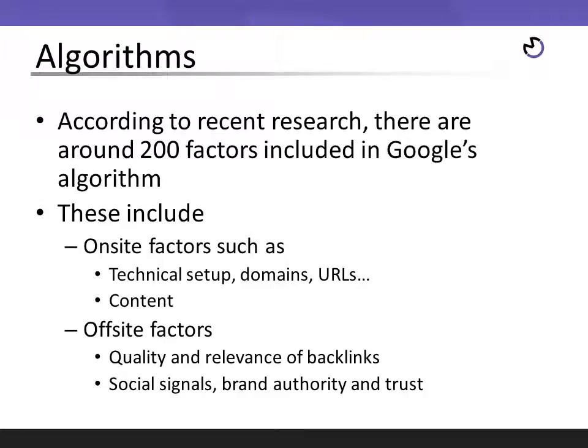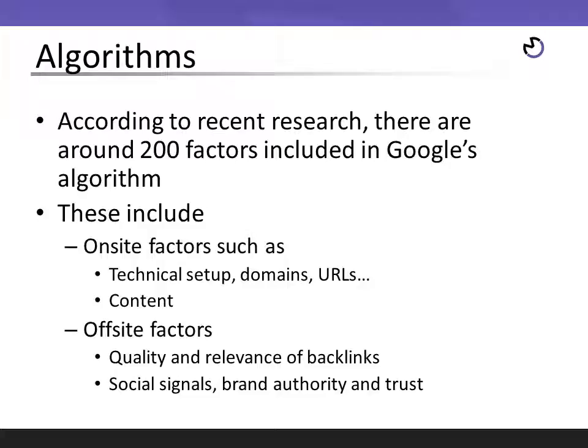The other side of it is the off-site factors, things that are not done on the site, but that will have an impact on how search engines see your website, rank it and index it. Off-site factors can be the quality and relevance of the backlinks to your site. That is, to put it simply, how many websites are linking back to you and the quality of these websites linking back to your own website.